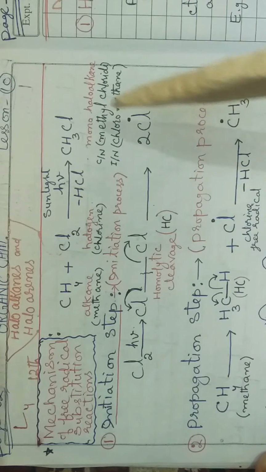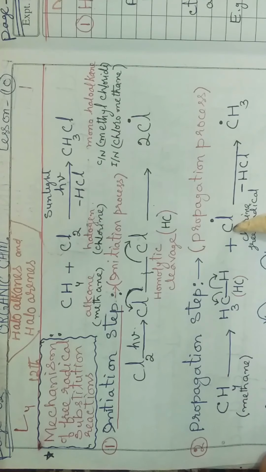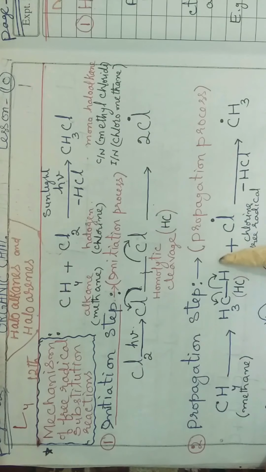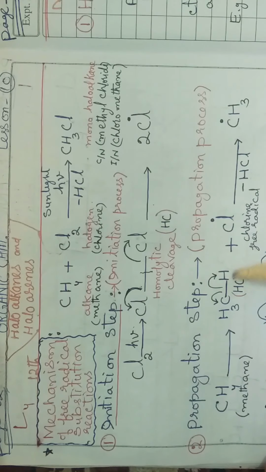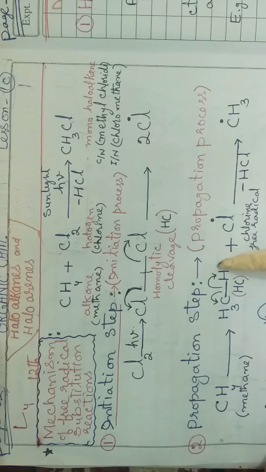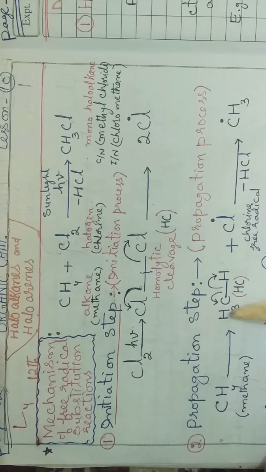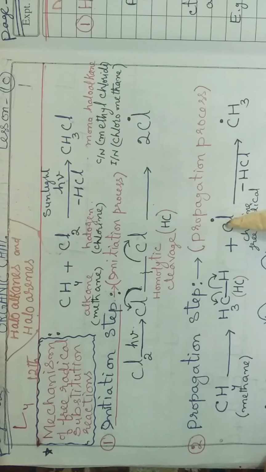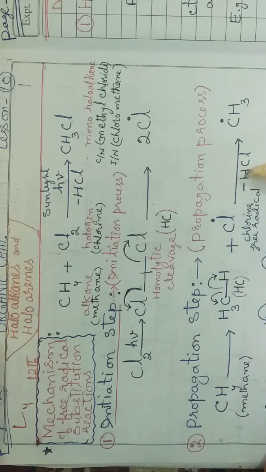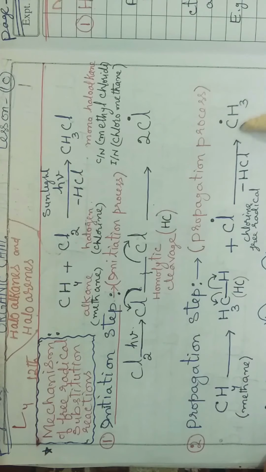Here two types of free radicals form, H free radical and CH3 free radical. This H radical is unstable and CH3 is a very stable radical. So this chlorine radical combines with the unstable H free radical and gives HCl and the free radical CH3.